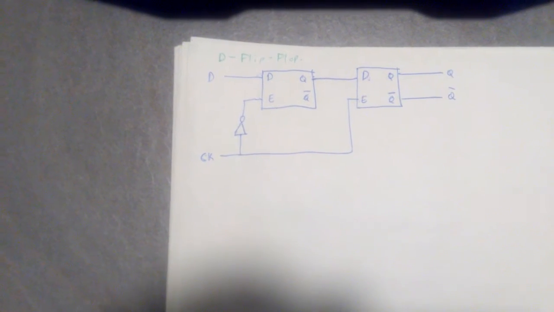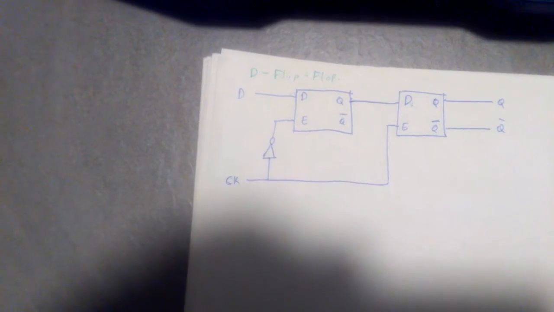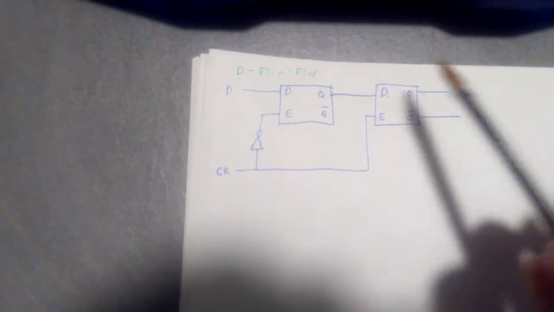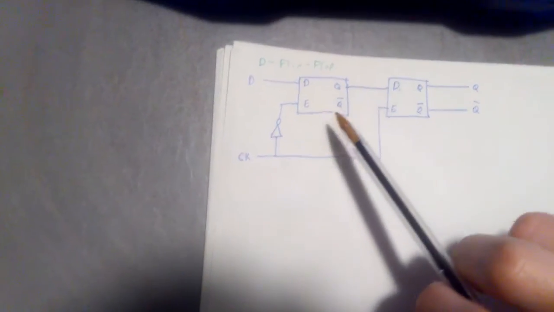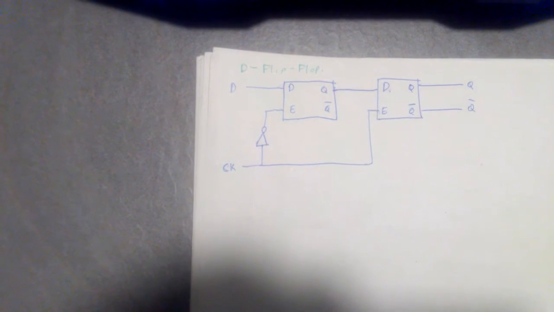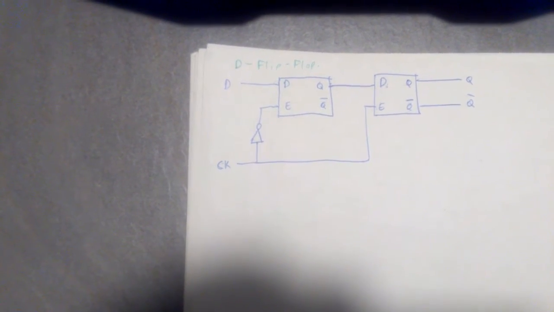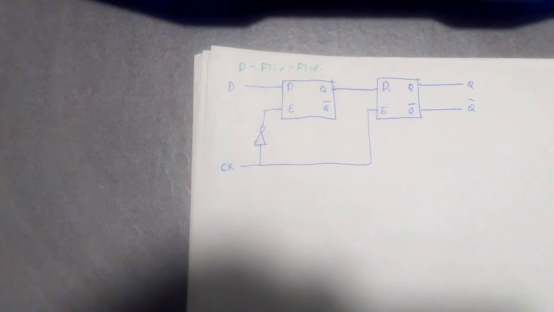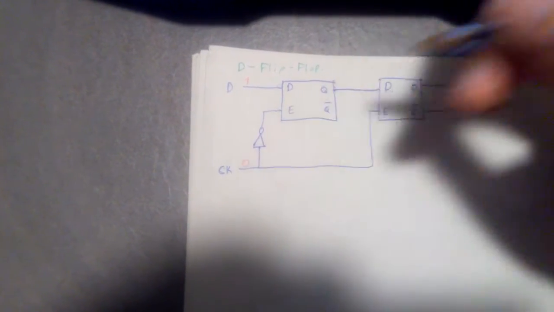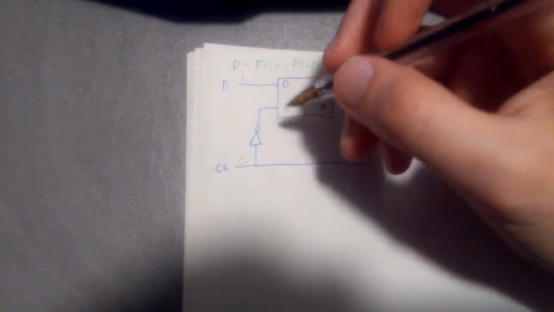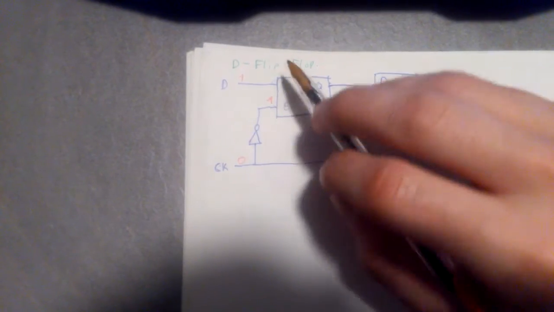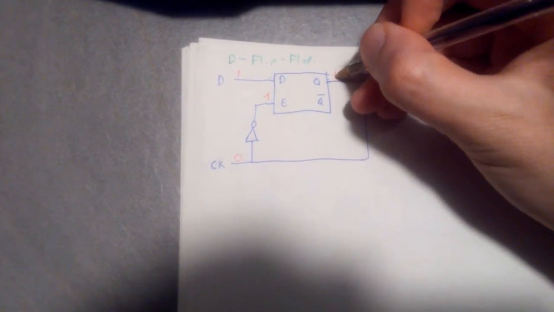I said that I was going to introduce flip-flops. When we have a latch, as long as the enable pin is high, the output is going to follow the input. But if we combine those two, if I put, for instance, a 1 here and a 0 here, this one goes to 1, the enable pin is 1, so this one is going to go here.